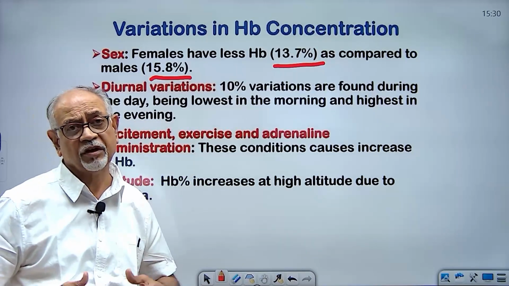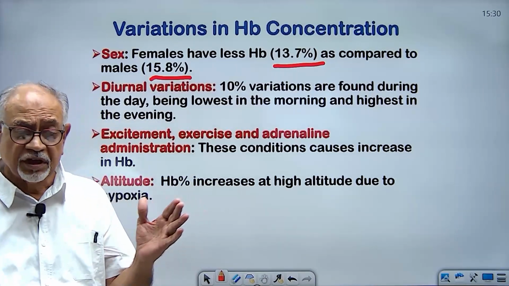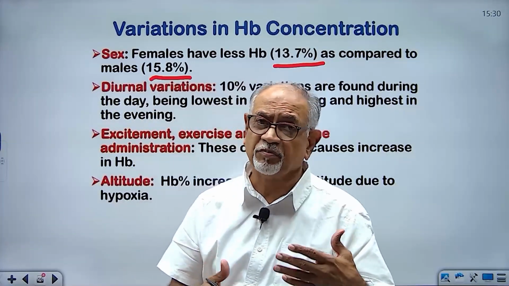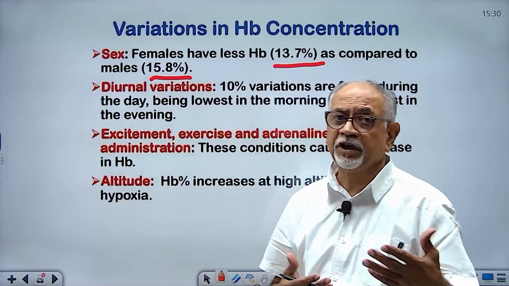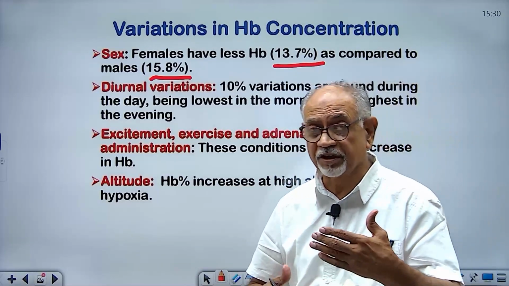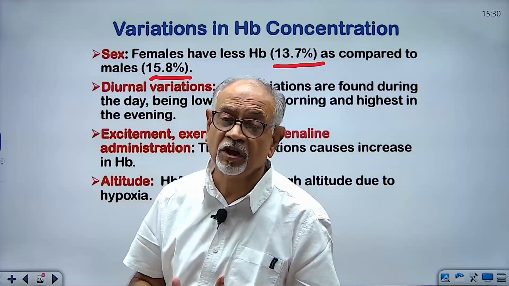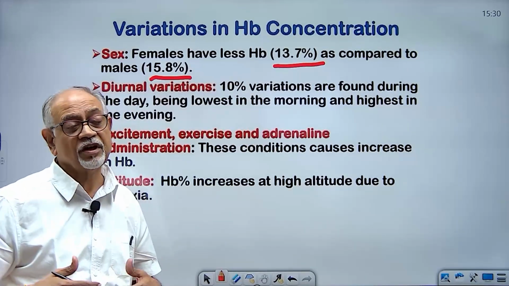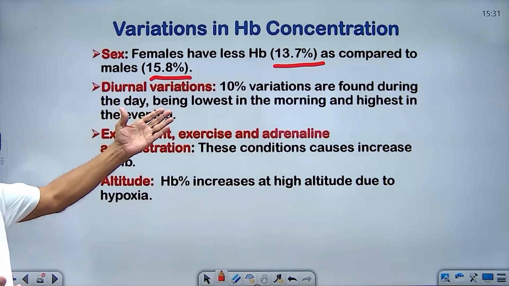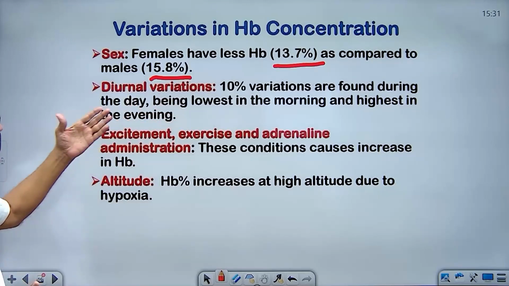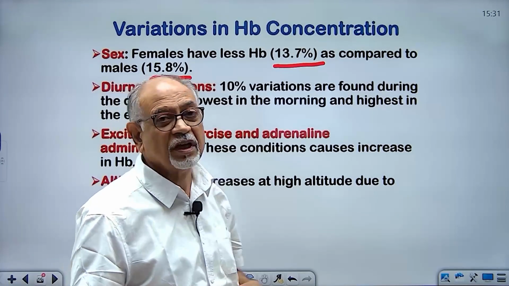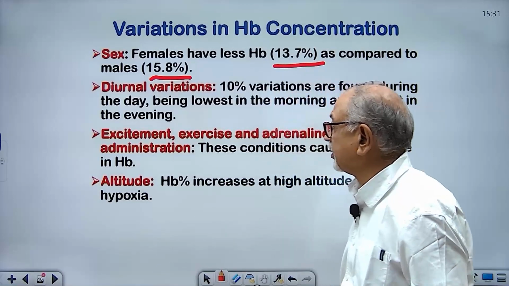We have seen that the RBC count is maximum during evening hours when the metabolic rate is higher, and it is minimum during morning hours after rest. A similar variation is seen here. A 10% diurnal variation is found in the hemoglobin percentage, being lowest in the morning and highest in the evening.